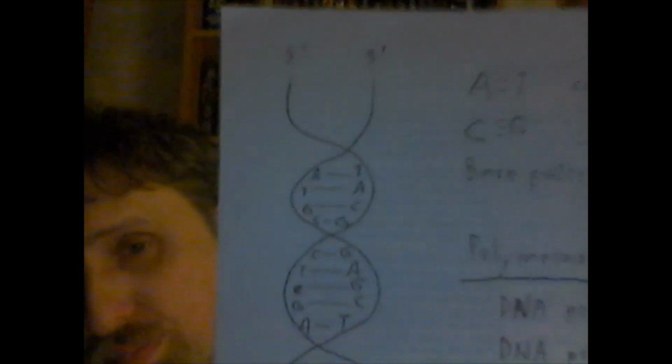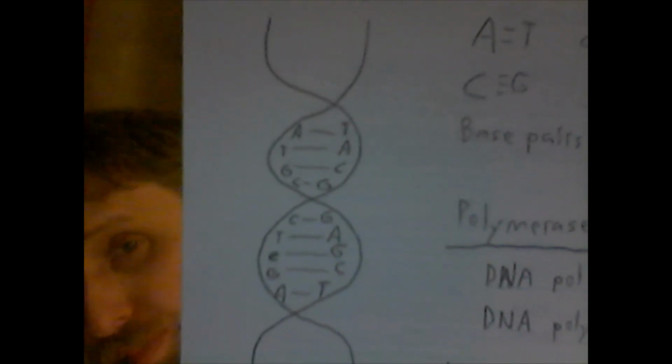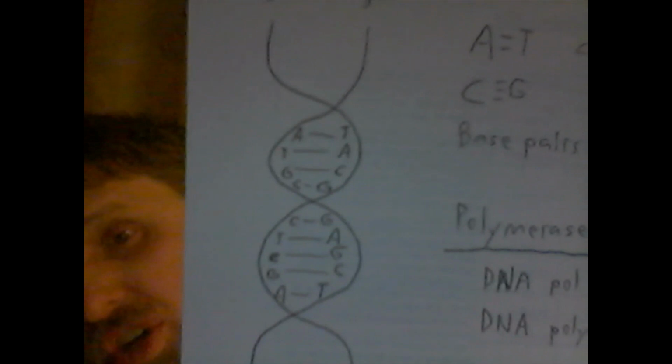Now, when I say they go together, looking back at our DNA molecule over here, you can see that the nitrogenous bases reach across the middle of the molecule and form hydrogen bonds with each other. The two strands of DNA are actually held together by a series of hydrogen bonds between bases on opposite sides.